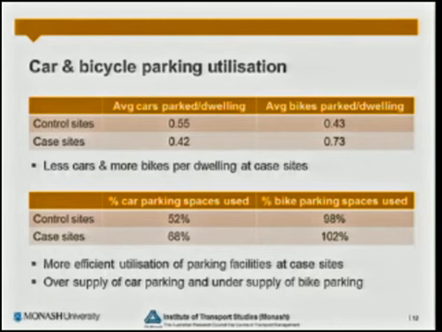And one of the things that's come out of this research in terms of what we think is a growing problem in Melbourne, at least for apartment buildings, is even if they put in the minimum bike parking that they have to put in, it's probably not meeting the needs of the residents.